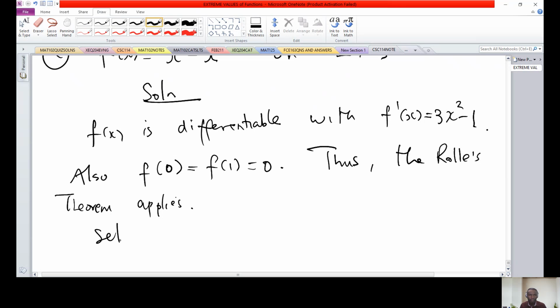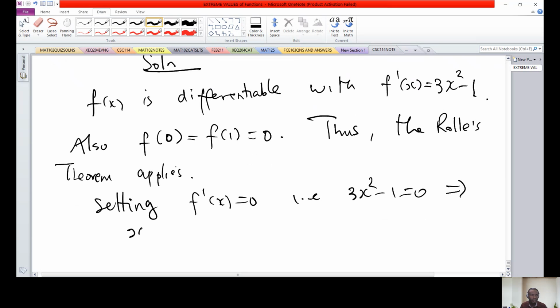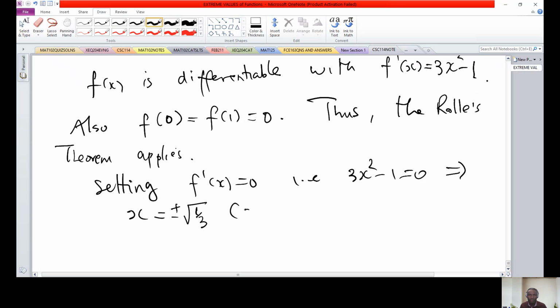So setting f prime of x to 0, i.e. 3x squared minus 1 equals 0, means that x equals plus or minus square root of 1 over 3. So there are two values of x: x equals minus 1 over root 3 or x equals positive 1 over root 3.